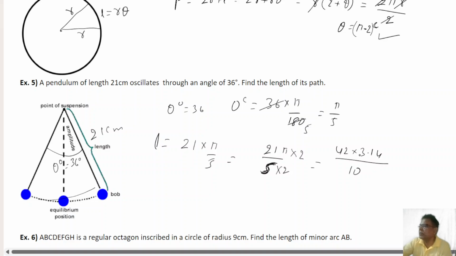Now how much will it be? 21 by 5. Now you can calculate this. What will be the answer? It will be something around 12 point something.